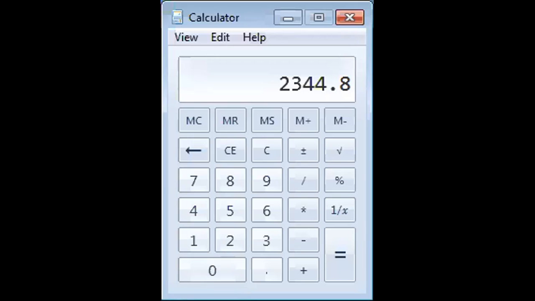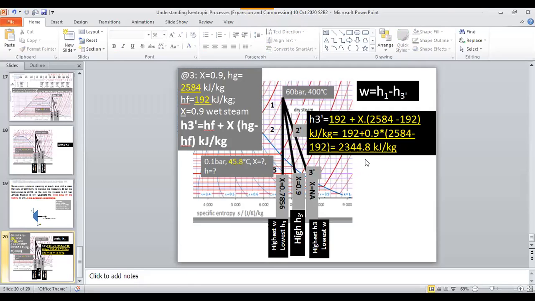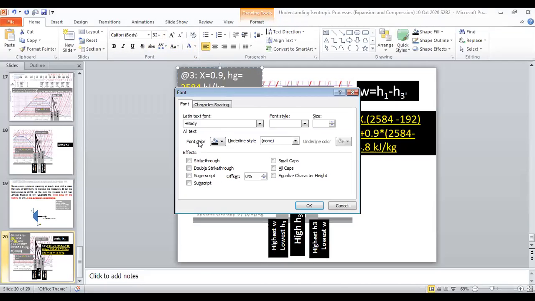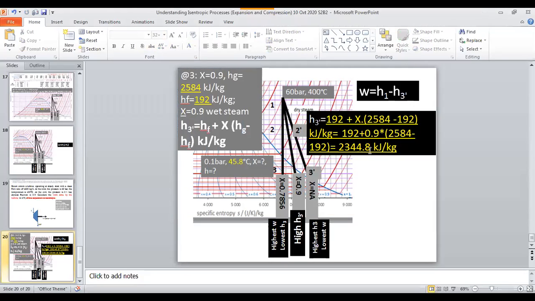So W is H1 minus H3 dash, where H3 dash is 2344.8.